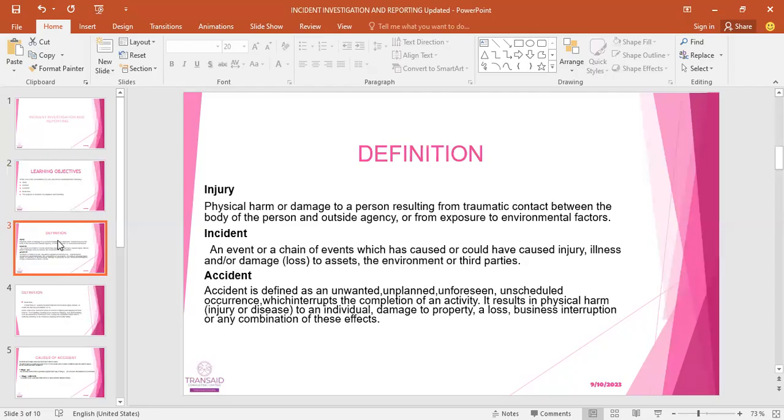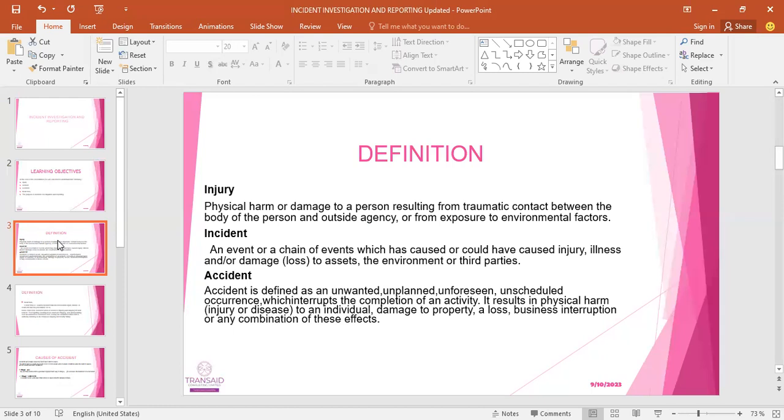Please note that an incident could have caused injury, illness, or damage. So when an incident occurs, it could have caused damage, or it could not. An incident could either result in damage or not.